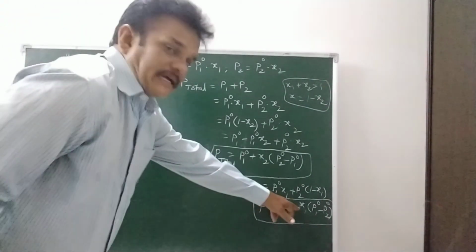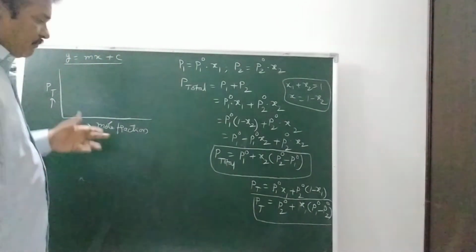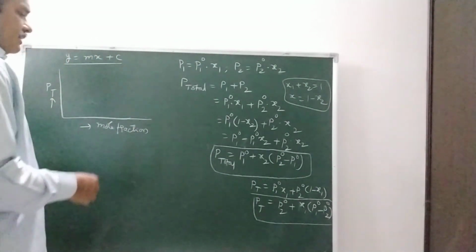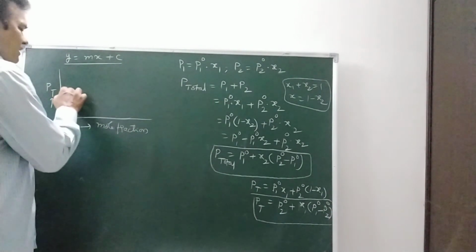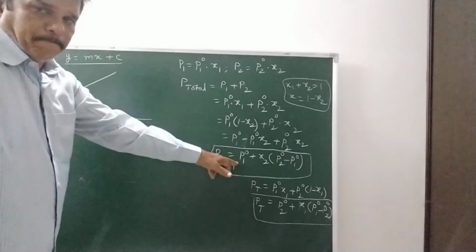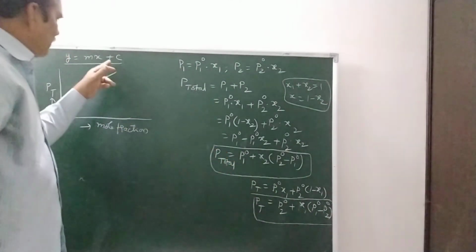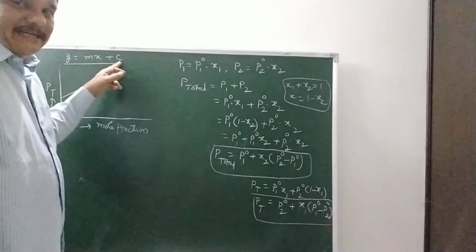Here it is x1, here it is x2. So if we take a mole fraction, then it will be a linear line. What is c? It is the y-intercept.